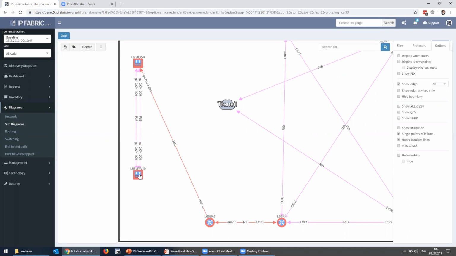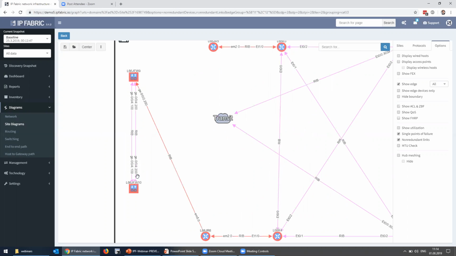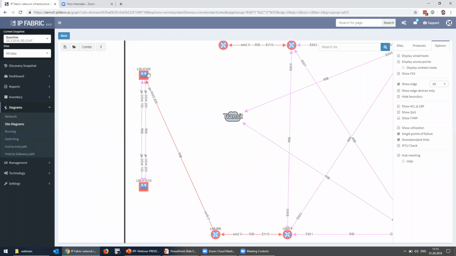So there are a number of issues here where the security team set up a redundant firewall cluster, but they forgot, first of all, to connect the cluster to the routing infrastructure and to redundantly connect the primary master device. So in a case when a device goes down, if firewall 9 would go down, there would be a complete service outage.